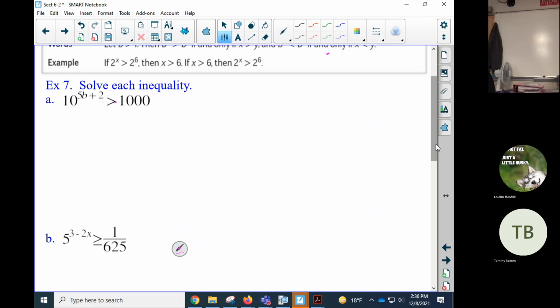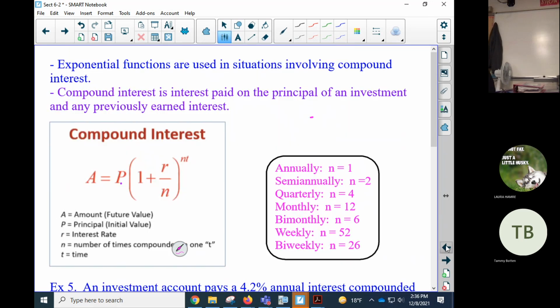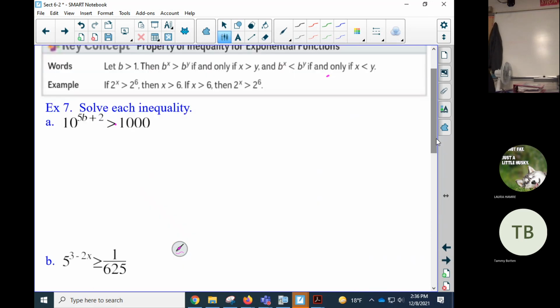It's 10 and 10 to the third, right? So I'm going to have 10 to the 5b plus 2 is greater than 10 to the third. And then I ignore my 10s again, just like we did at the beginning, and I get 5b plus 2 is greater than 3.